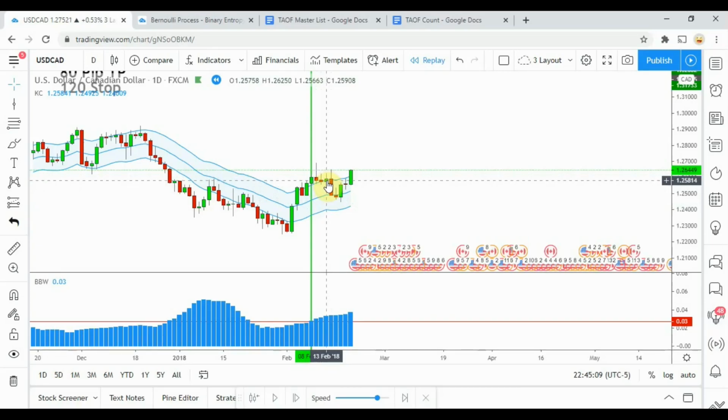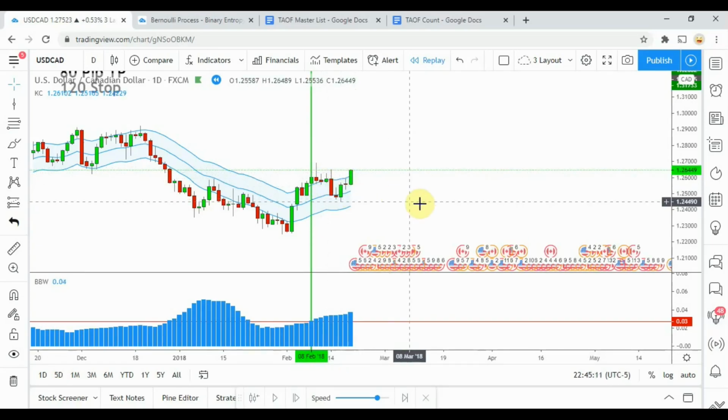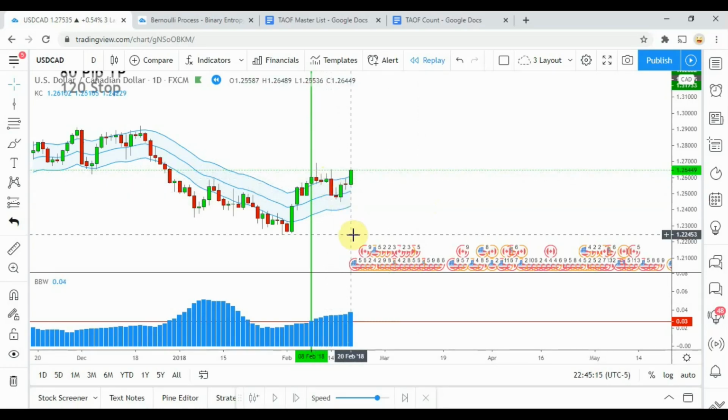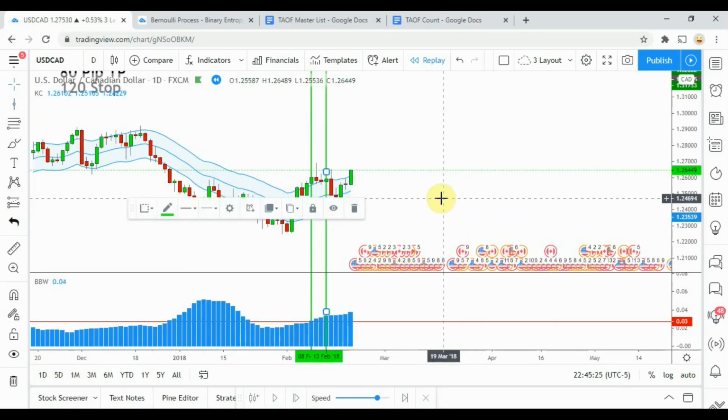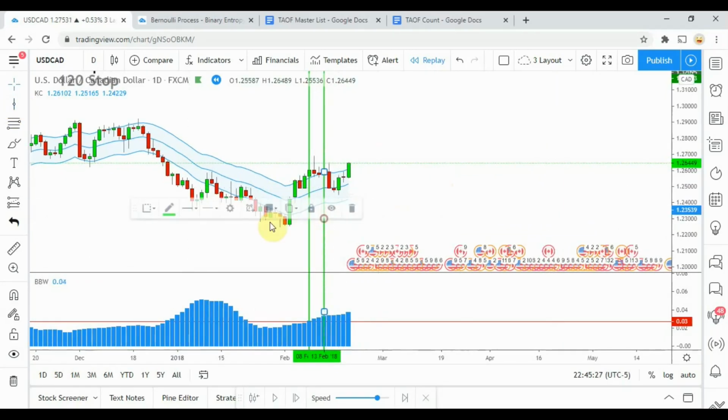This little green candle broke up above and closed above outside of the Keltner channel, and our Bollinger Band width was above our designated line in the sand. That would have been a valid entry right there.